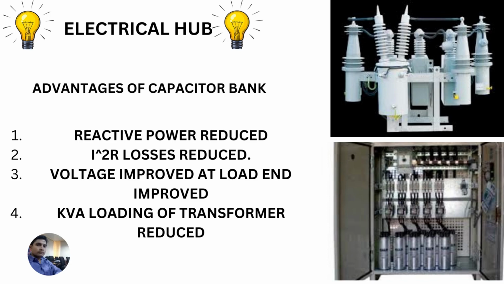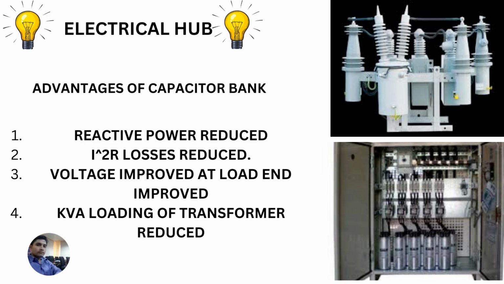First, reactive power is reduced, so the total current in the system also gets reduced. As the total current in the system gets reduced, obviously the I square R loss also gets reduced.